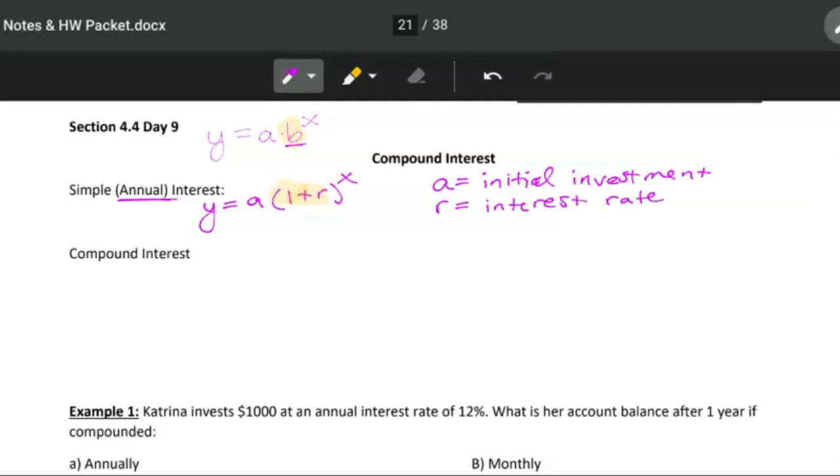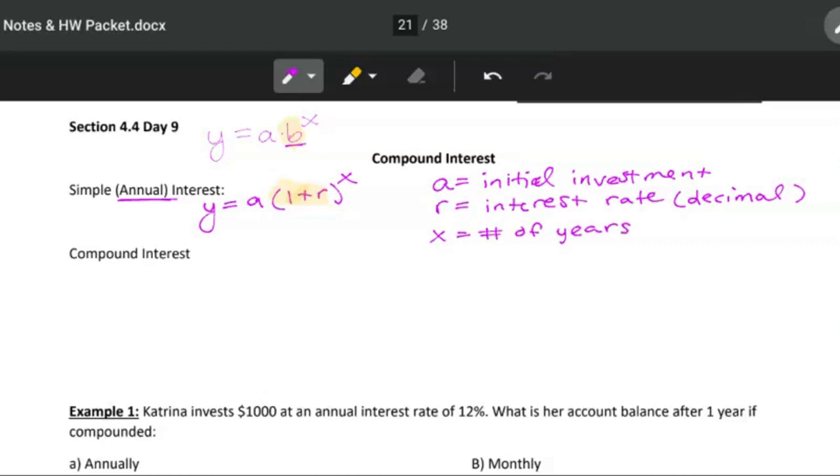All right, sometimes you might go to Chase Bank and they'll tell you, you have a 1% interest rate, something like that. Only thing is, in the formula, the R always has to be a decimal. All right, most of the time, they're going to give you R, the interest rate, as a percent. It's up to you to change it to a decimal. All right, and X is going to be the number of years that you leave your money in the bank for.